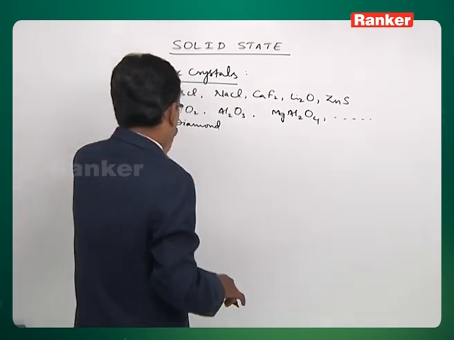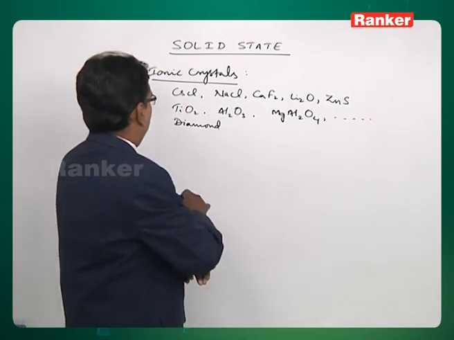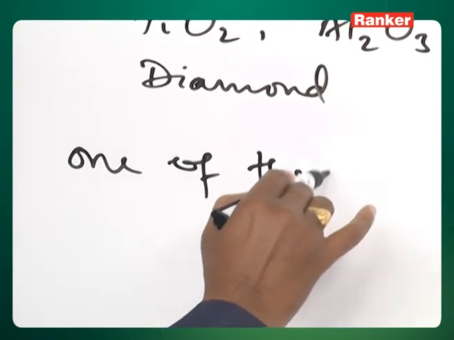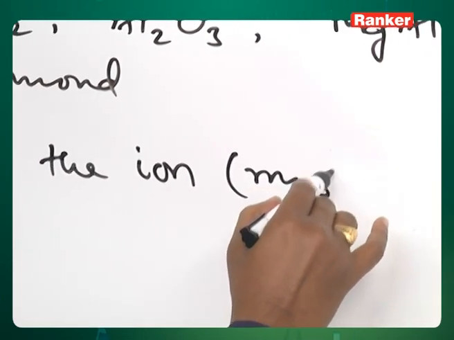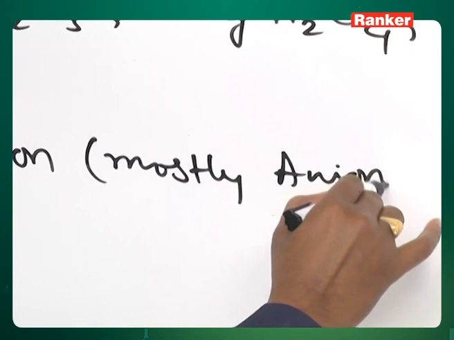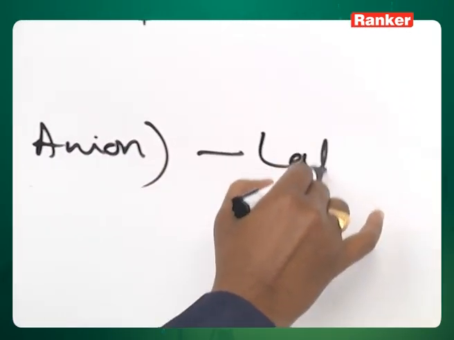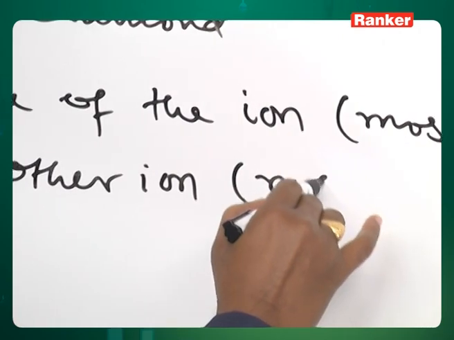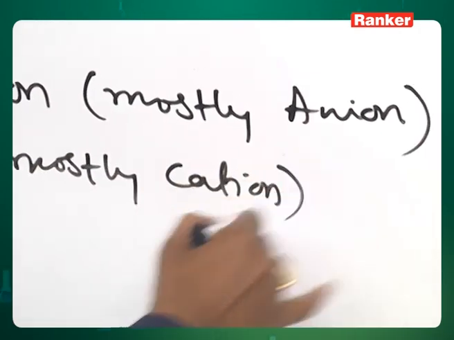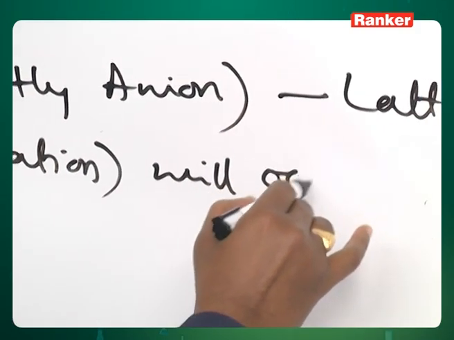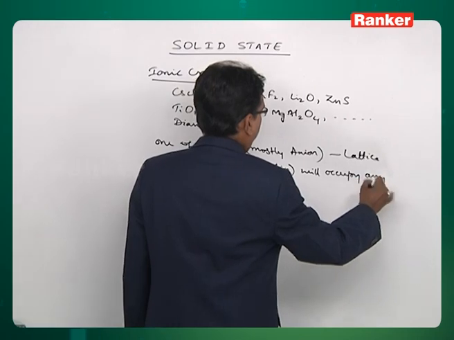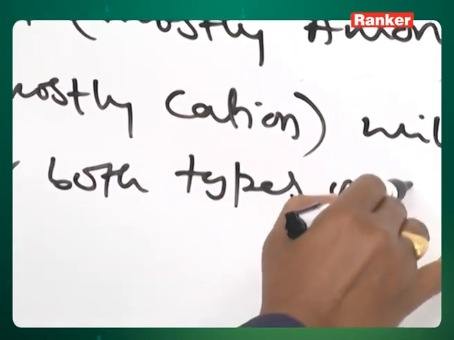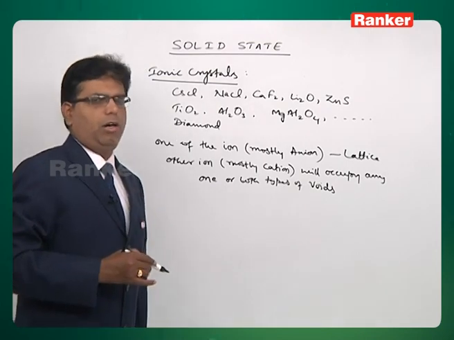Meaning is, in ionic crystals, as we told here, one of the ions, mostly anion, will form the lattice, and the other ion, mostly cation, will occupy any one or both types of voids, that is tetrahedral void or octahedral void.